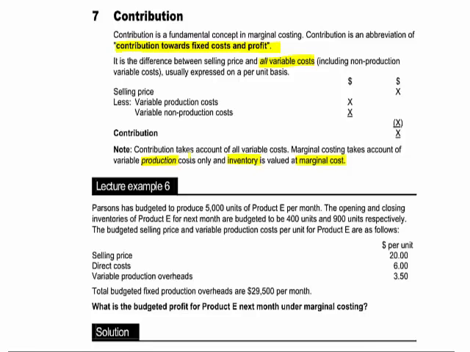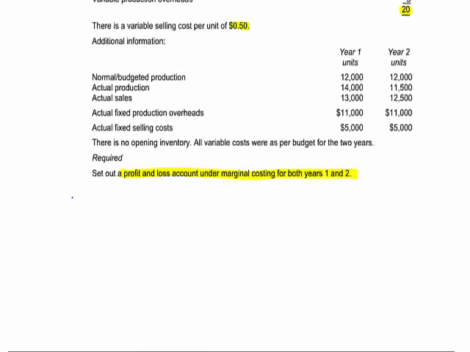So in the previous example that we've just done, we could have worked out a contribution per unit and then multiplied that by the number of units to give us our total contribution, from which we could deduct the fixed costs to get to the profit. So the selling price was $25, the variable costs were 20 for production and 50 cents for selling.